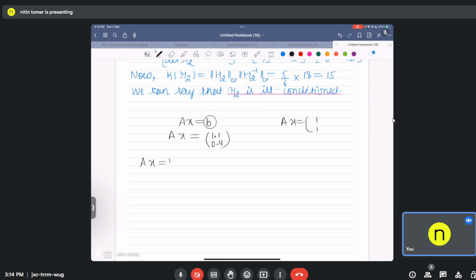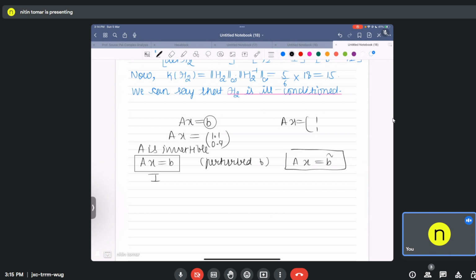So you have this system, but after some perturbation, you perturbed b. Perturbed means you approximated b, and you get some new system Ax equal to b tilde. And remember, A is invertible. Corresponding to the first system, you have the solution, let's say x.